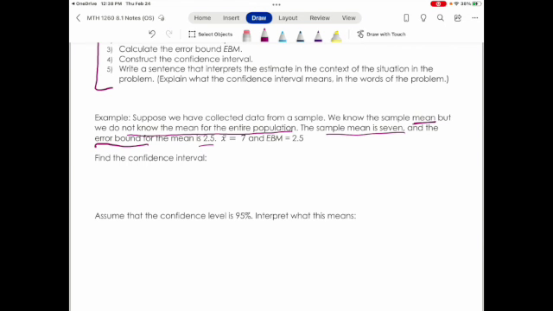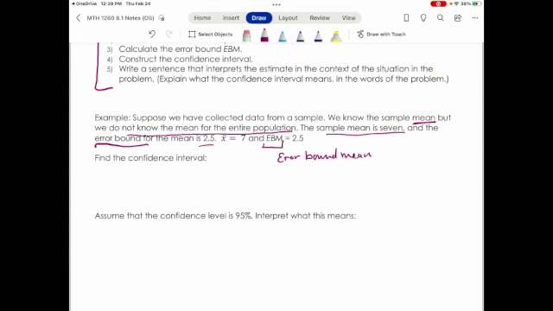So what we're going to do to create this interval, and by the way, this here is notation for error bound for the mean. That's basically just a fancy way of saying that's going to be the error.